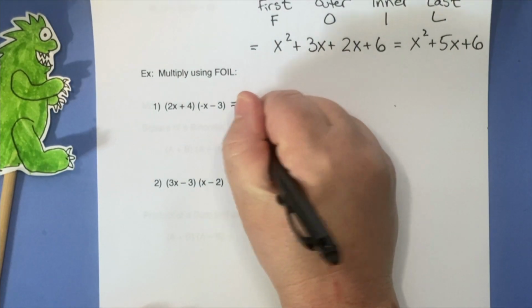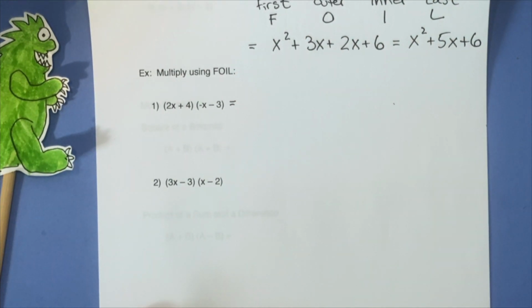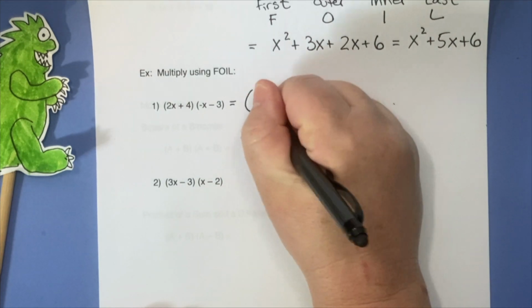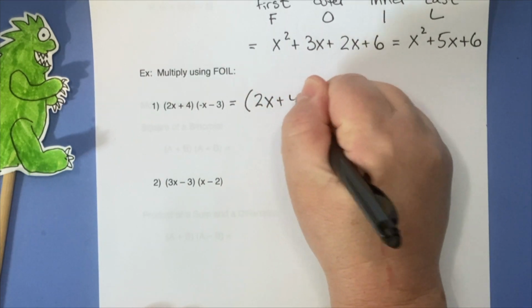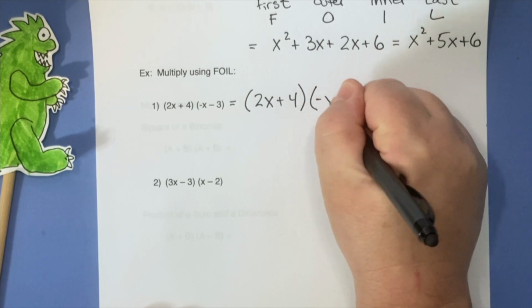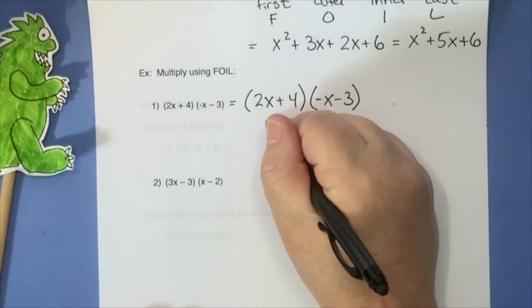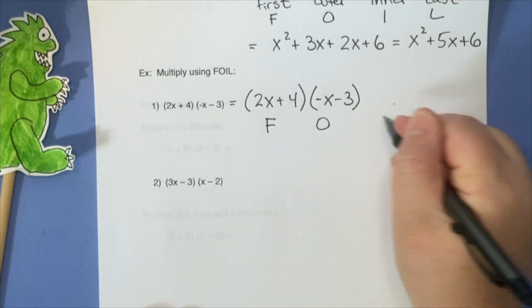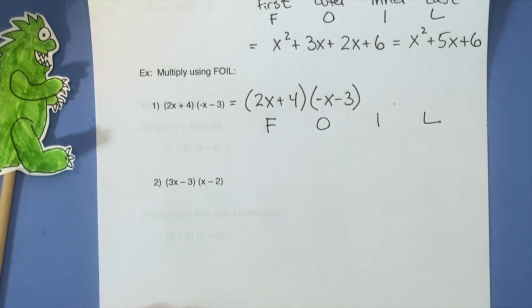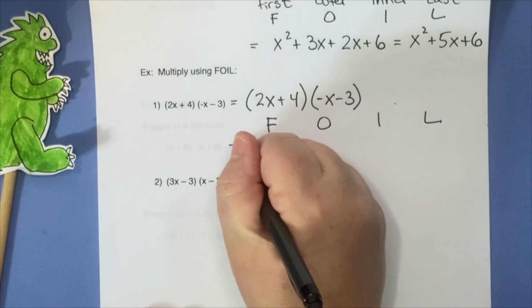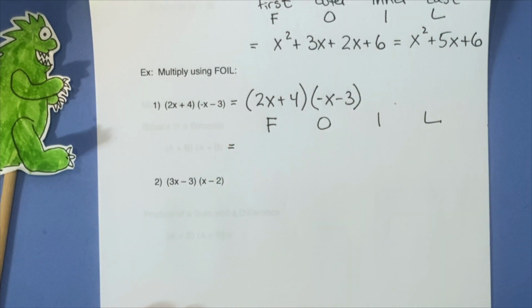Okay, so as usual, I'm going to write out the problem, give myself a nice big version, 2x plus 4 times the quantity, the opposite of x minus 3. And then generally when people work out FOIL, they're going to write out F, and then O, and then I, and then L. Hopefully I've given myself enough space. So what are the 2 first ones?